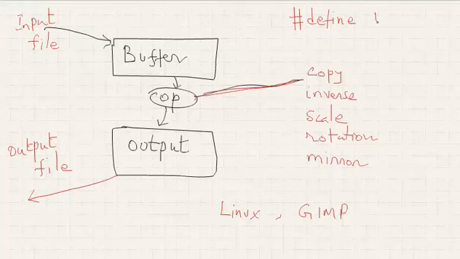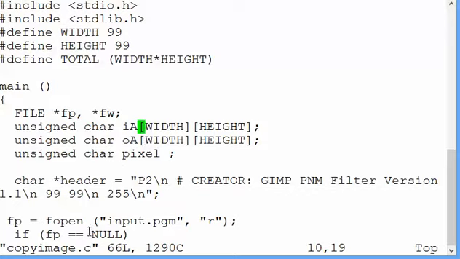In our case, width 99 means you can use w as a constant variable whose value is always 99. All right. Okay, let's go back.